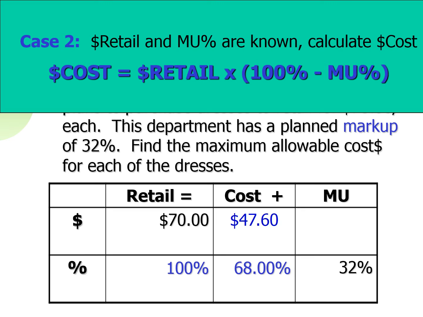When we see this type of problem where we know the retail dollar and markup percent and we're supposed to calculate cost dollar, do not try to figure things out step by step; instantly remember this is one of the RCM cases. We know R and M, we're supposed to find C, so C dollar equals R dollar times (100% minus markup percent). Again, remember this formula.